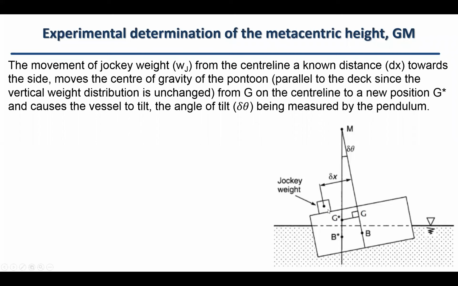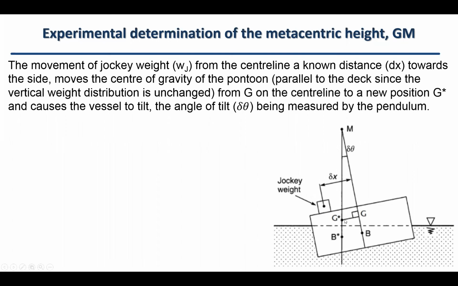If that jockey weight is moved from the center line by a distance of dx, or delta x in this figure, towards the side, and imagine the vertical weight distribution is unchanged, so we have the same vertical distribution, then the center of gravity moves from the original G to the new position G star.